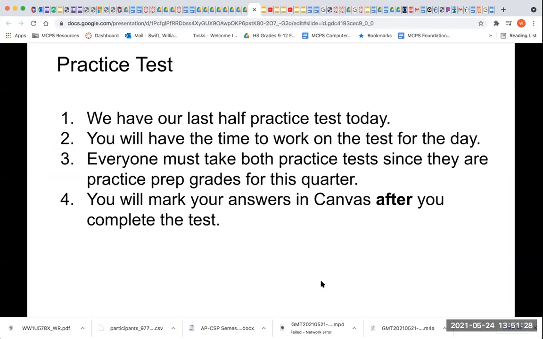The practice test. We have our last half practice test today. You will have time to work on the test for the day. Everyone must take both practice tests since they are practice prep grades for this quarter. You will mark your answers in Canvas after you complete your answer sheet from the test. This is to let you work as long as you want getting your answers. Once you open the quiz, you only have an hour to put those answers in.